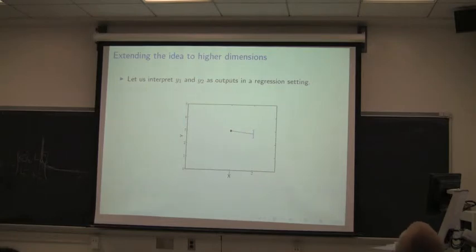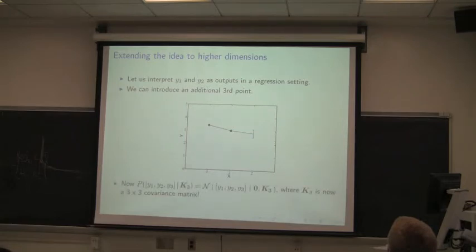Right? And now we can also extend this to a third point. Say we have observed these two points, we can now compute the conditional distribution of this one given the other two points in a similar manner. The only difference is... Yeah? You're already assuming you have your K matrix, right? Yes, that's the problem.